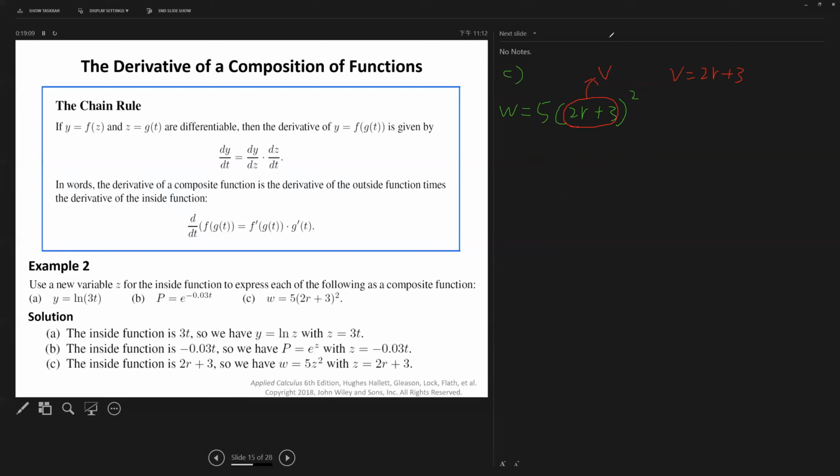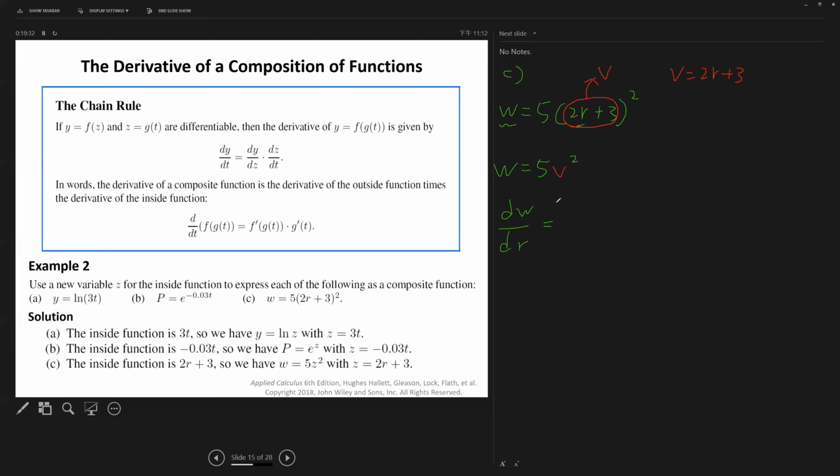So we can rewrite this equation as w is equal to 5v squared, right? And it's easy to find the derivative of that. So our goal is to find dw/dr, the derivative of w with respect to r.